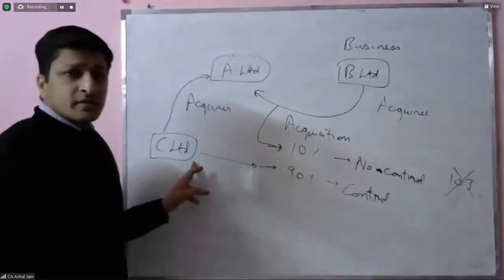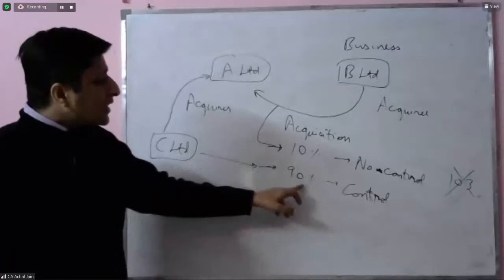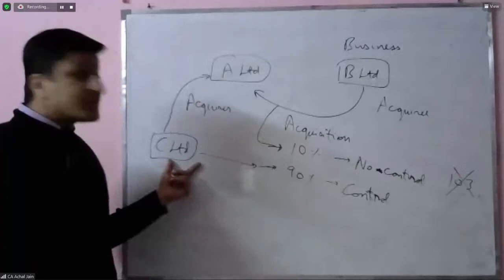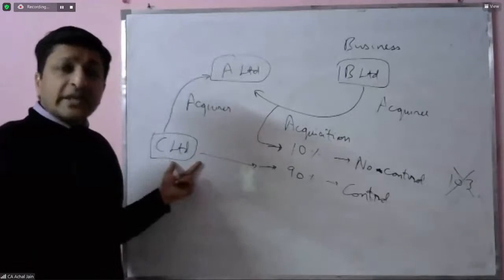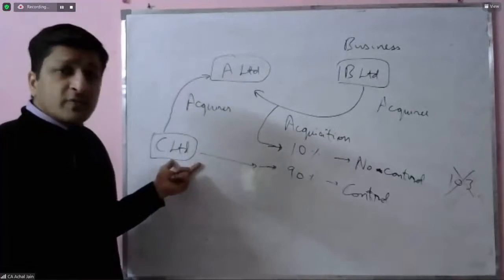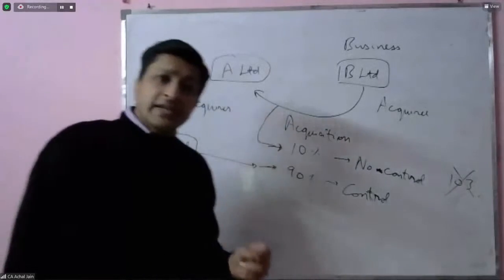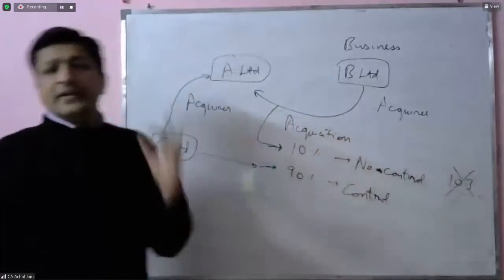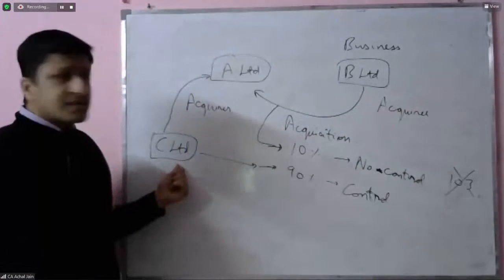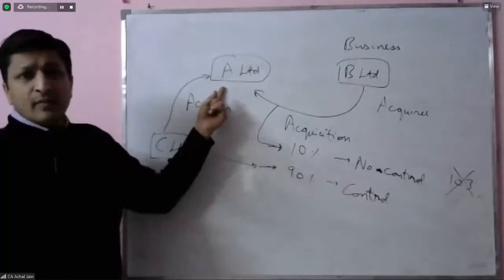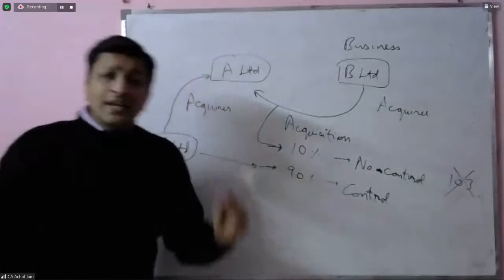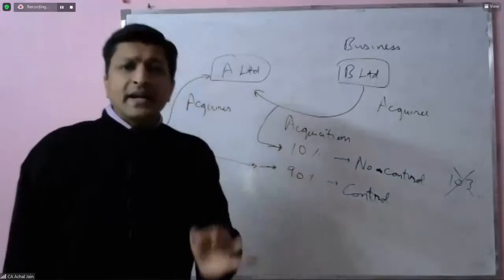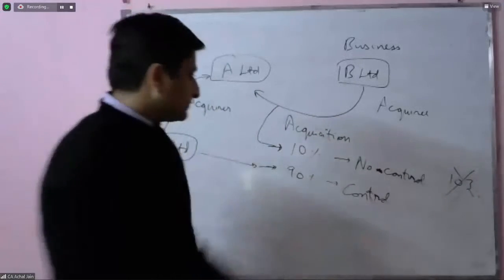In this case, wherein control is obtained in respect of business of C Limited, we will say that whenever such control will be obtained in respect of C Limited by A Limited, then A Limited will do accounting as per Ind AS 103.